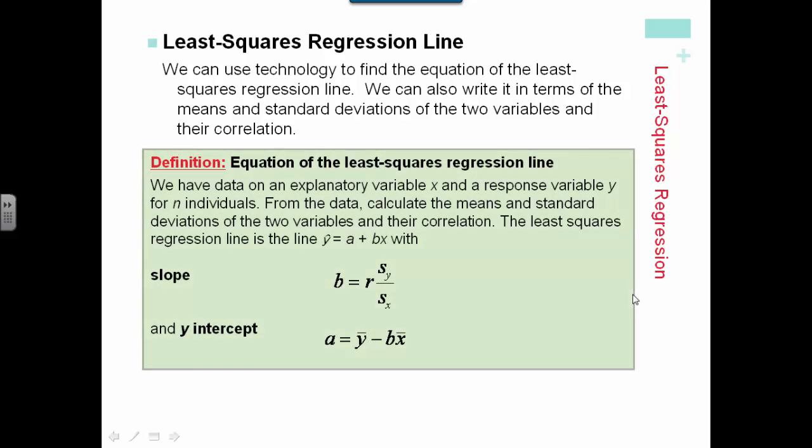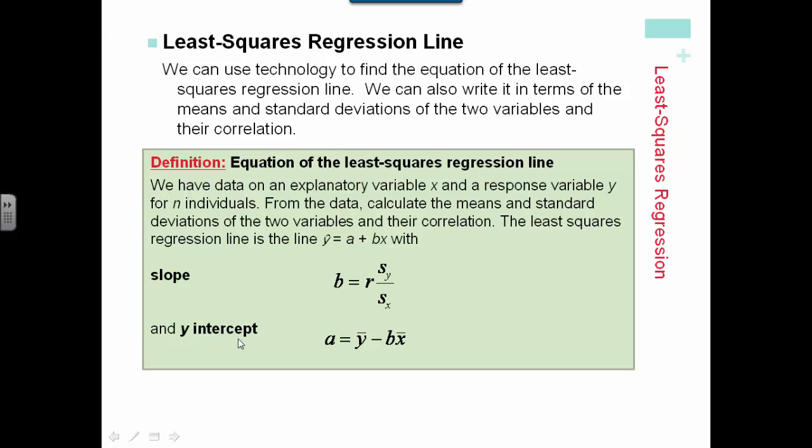So we use technology to find the equation of the least squares regression line. We can also write it in terms of the mean and standard deviation of the two variables and their correlation. So the least squares regression line is the line y hat equals a plus bx. We can also calculate it with the slope. To find the slope, b, we can use r, which is our correlation, times s sub y, the standard deviation of y, over s sub x, the standard deviation of x.